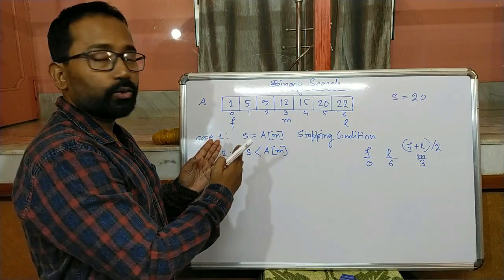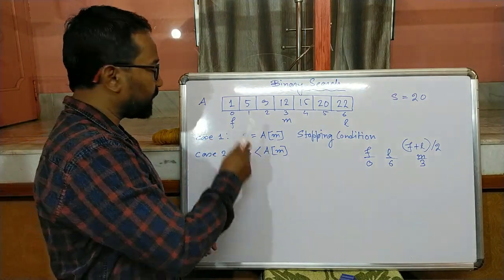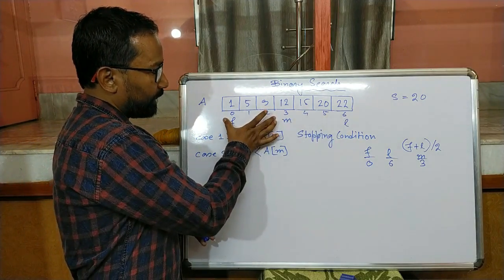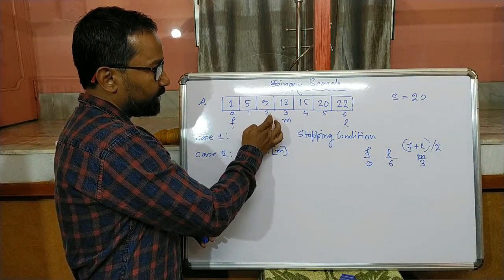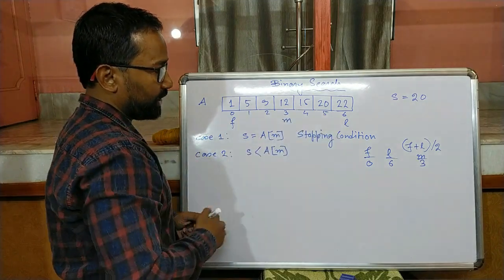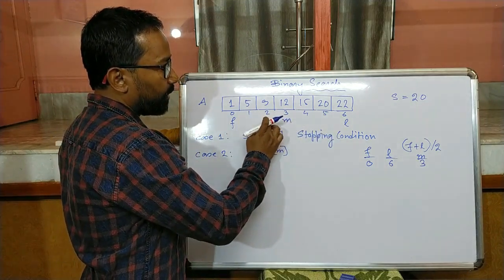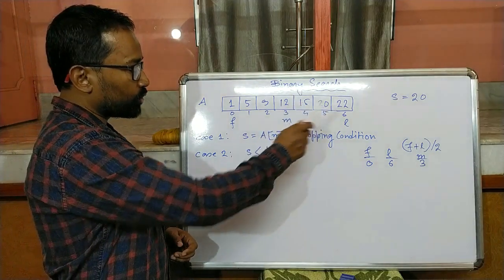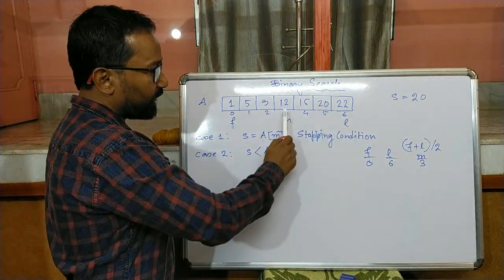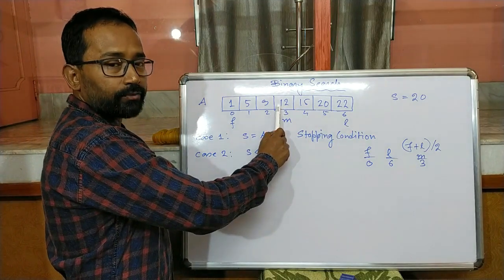So here we have to reduce the search area. Initially my search area was from the first index till the last index. Now we have to search from here till the element before the middle element. So the L value we have to change. How? Middle element's index minus 1. But this condition is also false for this value and this array, because 20 is not lesser than the value of the middle element, which is 12.